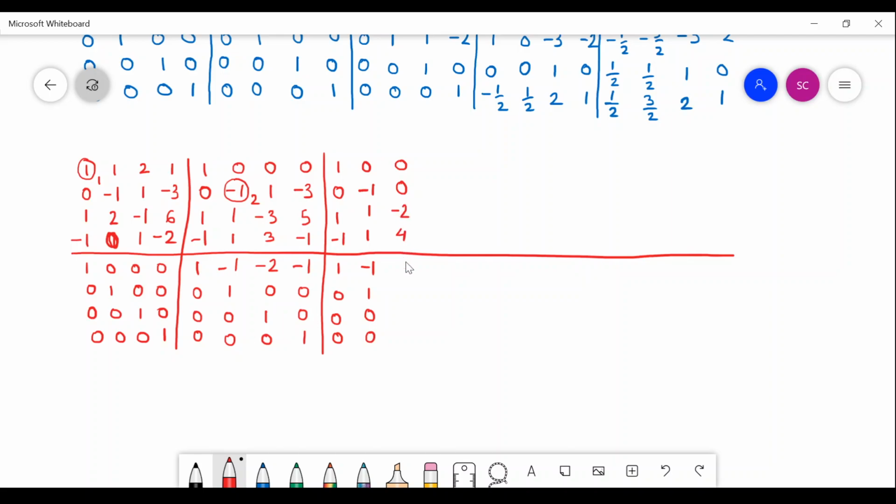Basically you are getting this. So you are multiplying with minus 3 and then adding. This you are getting as 4, this you are getting 2, and this you are getting as minus 4.